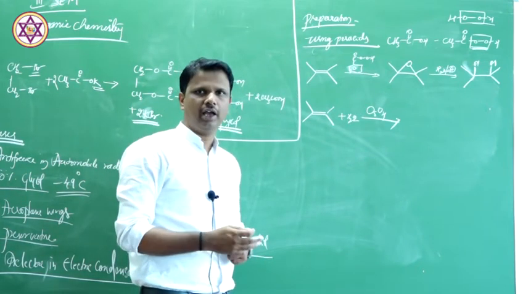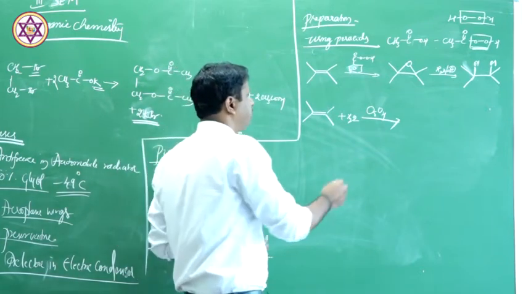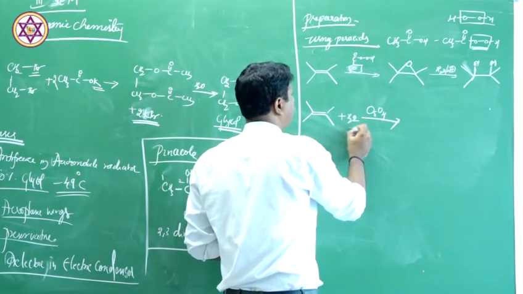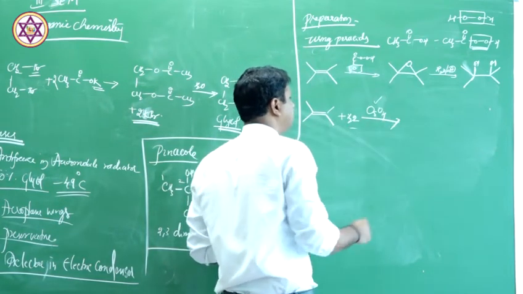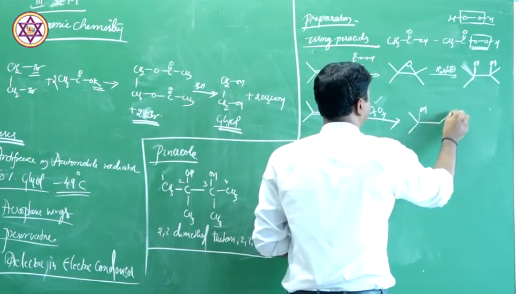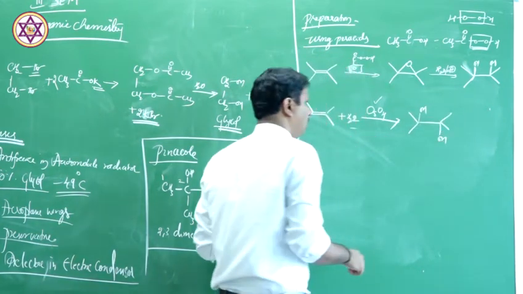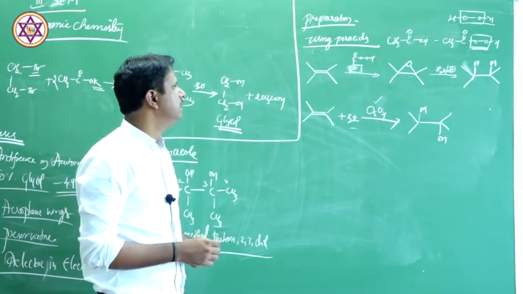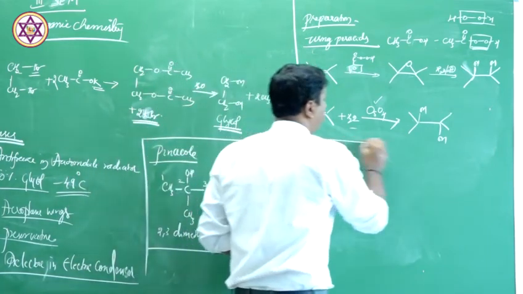It also creates a diol. So the reaction of the alkene with peroxide in the presence of osmium tetroxide catalyst gives the same compound, pinacol. So this is about the preparation of pinacol.